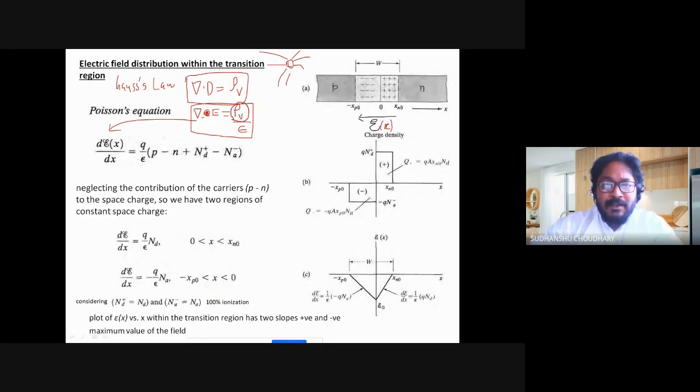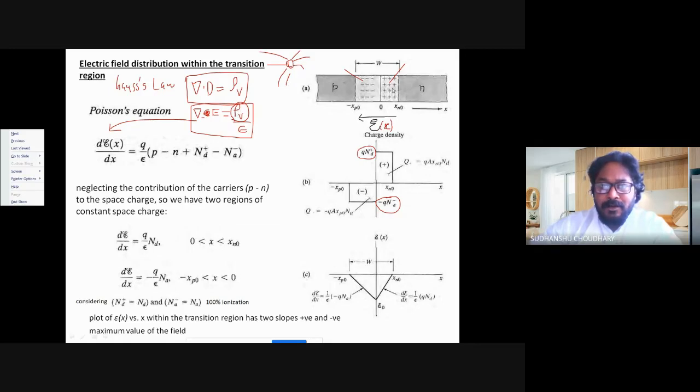So charge density we had calculated, which is QND plus in the n-type region and QNA minus in the p-type region. In these two regions we have calculated the charge density already. So we'll replace this charge density by these two.